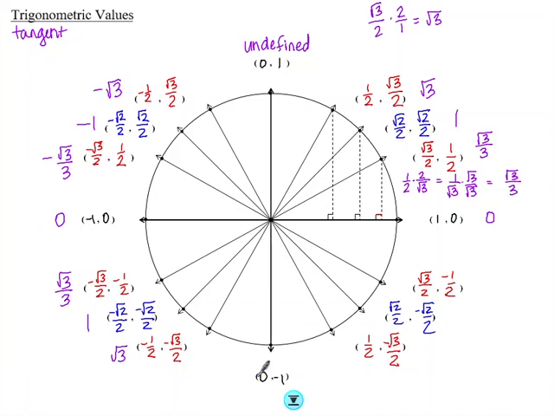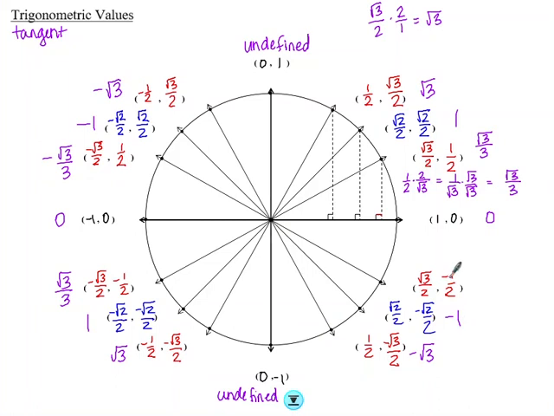Negative 1 divided by 0 is undefined, so the tangent function is also undefined at 3 pi over 2. Continuing, negative square root of 3 over 2 divided by 1/2 is negative square root of 3. Negative square root of 2 over 2 divided by square root of 2 over 2 is negative 1.